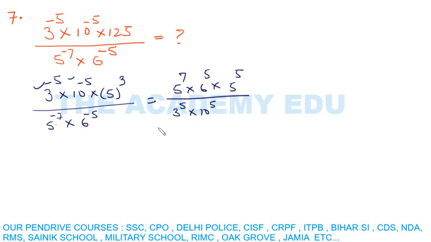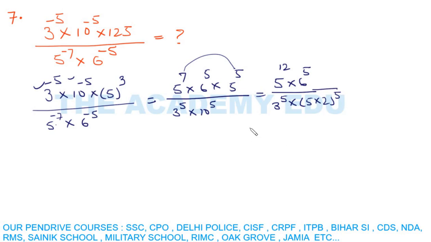Got it? Now, so what we have now? We have here base is same, 5 5. So add the power. So you can write 5 raised to the power 12 into 6 raised to the power 5 upon 3 raised to the power 5 into this 10 can be written as 5 times 2, 5 into 2 raised to the power 5.